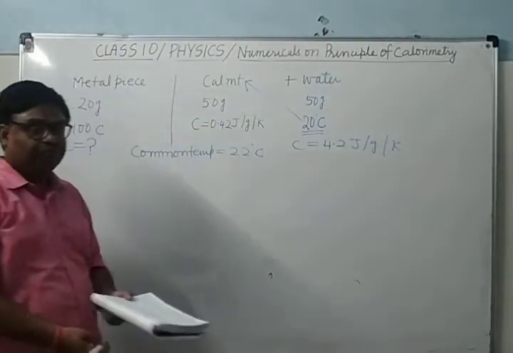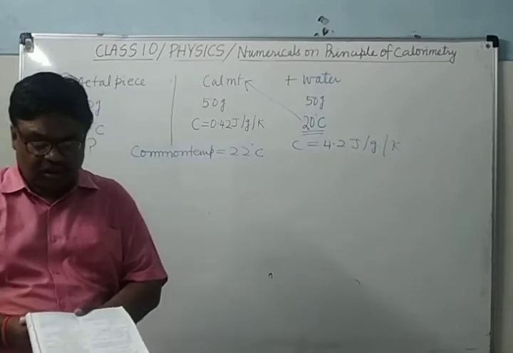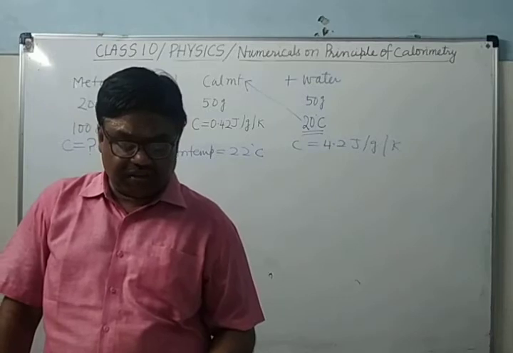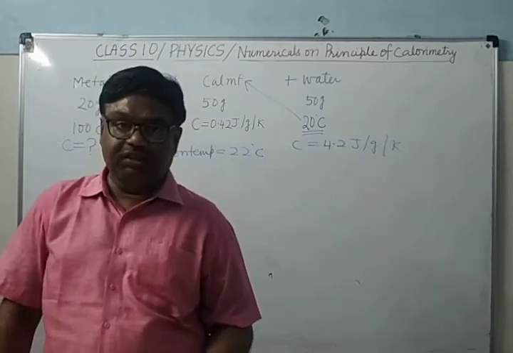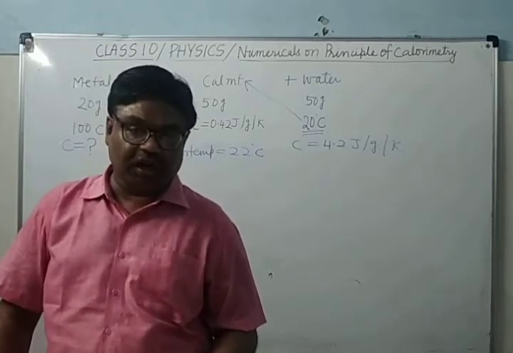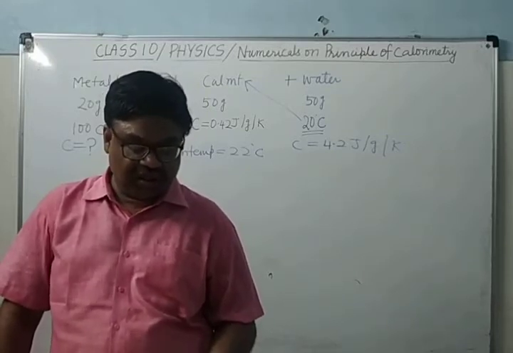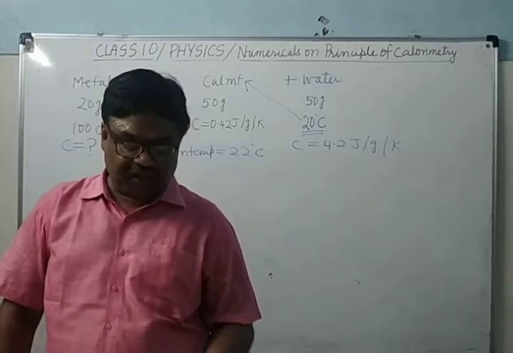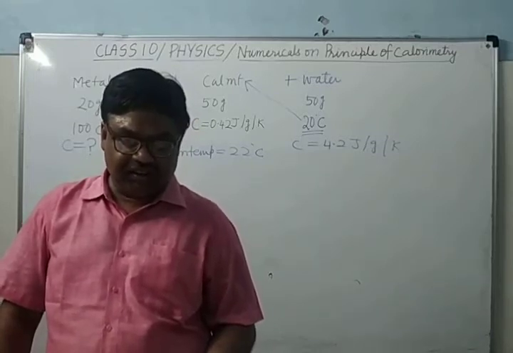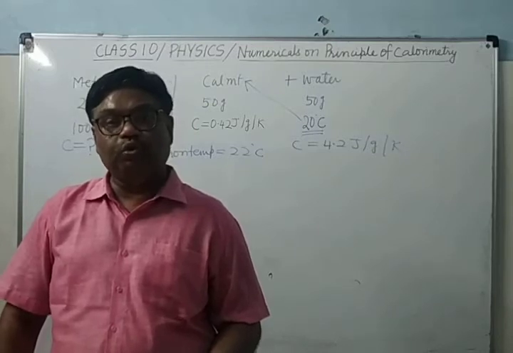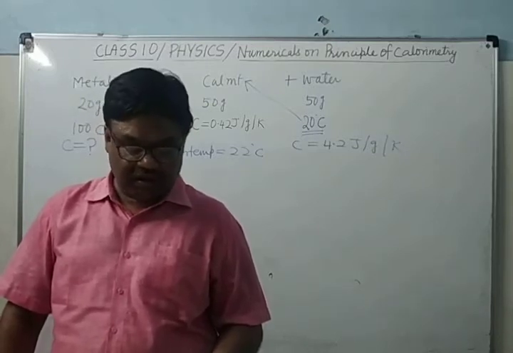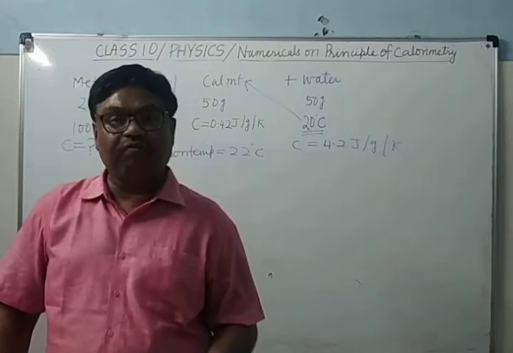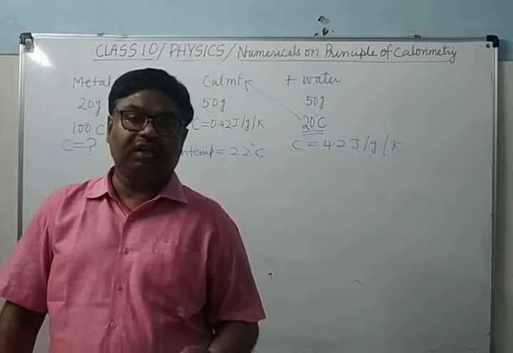I am reading this question. You note it down. A metal piece of mass 20 gram is heated to a constant temperature of 100 degrees Celsius. Then it is added in a calorimeter of mass 50 gram and SHC 0.42 joule per gram per Kelvin, containing 50 gram of water at 20 degrees Celsius.